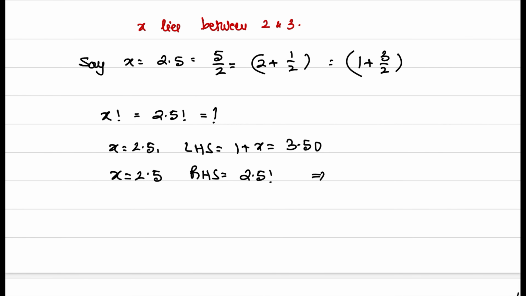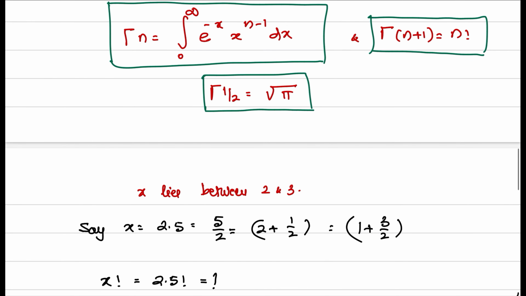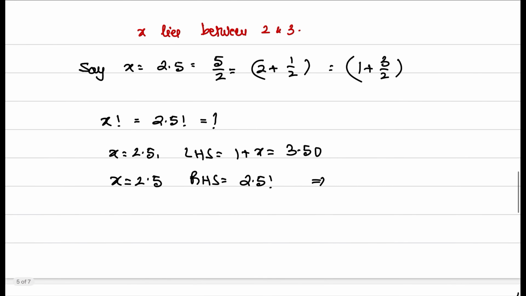How to find out? Gamma half we know. Factorial 2.5 is equal to gamma 2.5 plus 1, that is gamma 3.5.